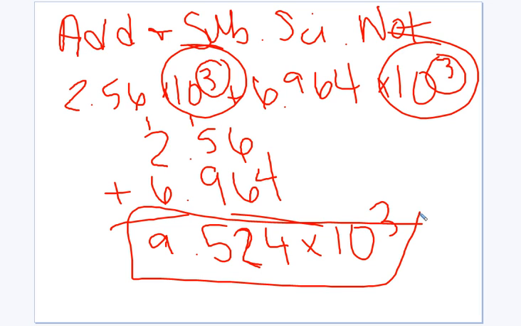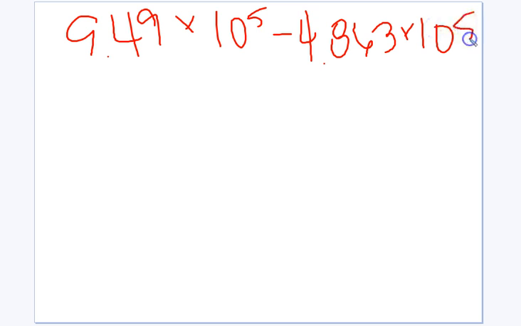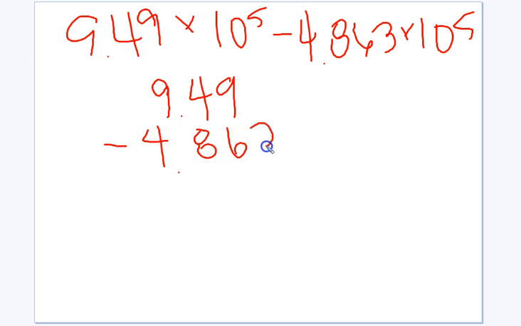Okay, so now subtracting in scientific notation. Also basically the same exact thing, only this time we're subtracting. And remember, if the exponents are the same, then we are good to go. So we just subtract 9.49 minus 4.863.